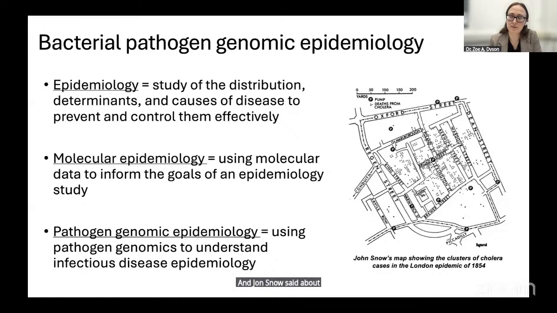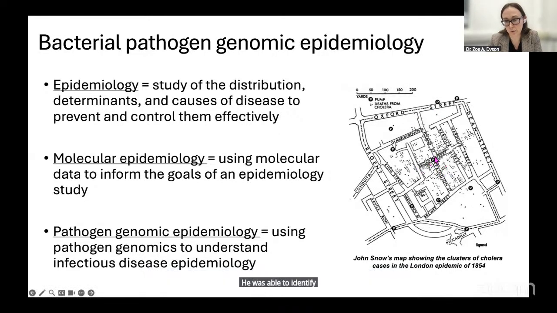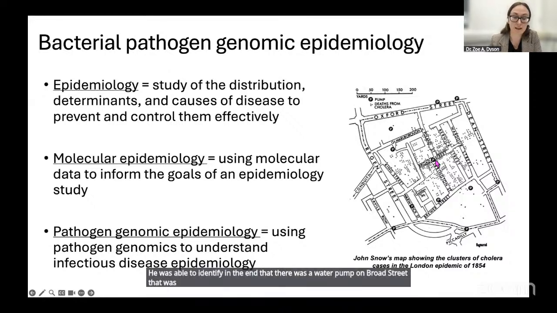For the methodology he applied here, he's considered a founder of modern epidemiology. He was able to identify in the end that there was a water pump on Broad Street that was disseminating contaminated water that was feeding this cholera outbreak. And when they removed the handle from the pump, the epidemic did subsequently wane.